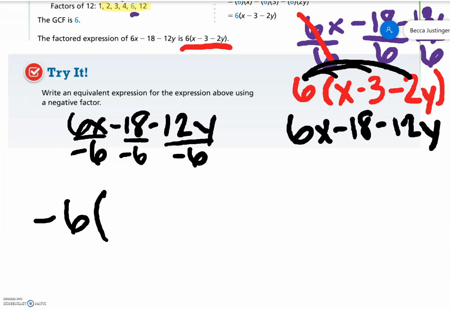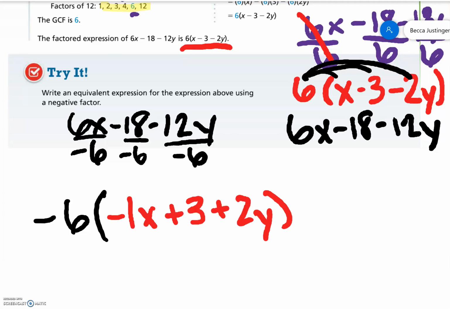So I put a -6 out front. +6 divided by -6 gives me -1x. -18 divided by -6 gives me +3. -12y divided by -6 gives me +2y. These are still the same expressions. One just has a negative GCF.